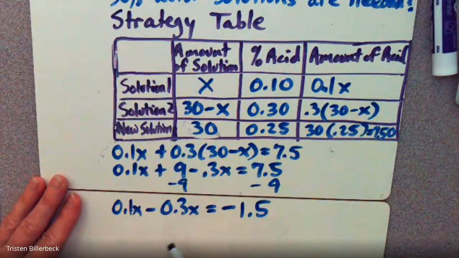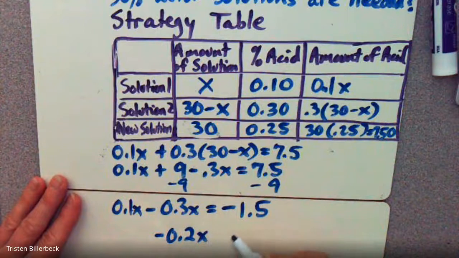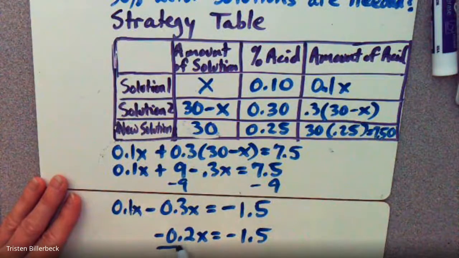Okay, so this gives us negative 0.2x equals negative 1.5. We divide by negative 0.2.